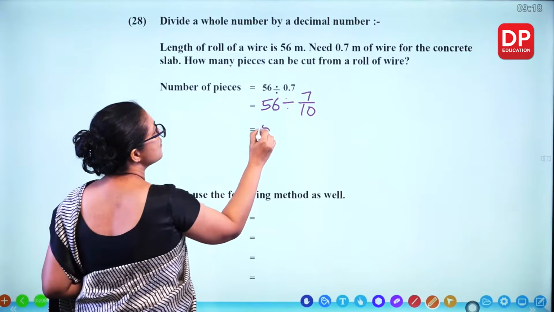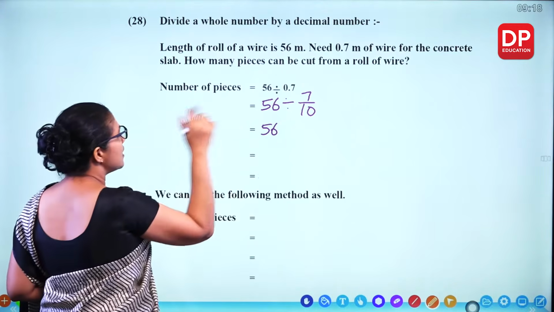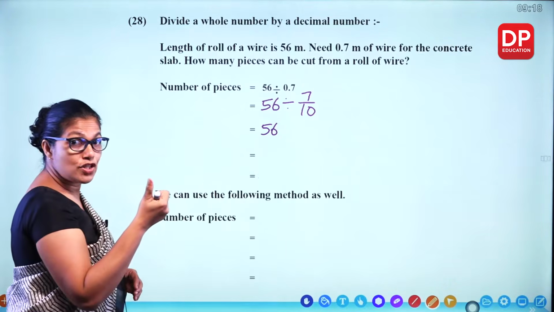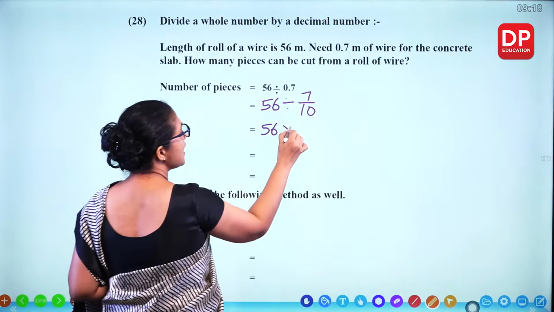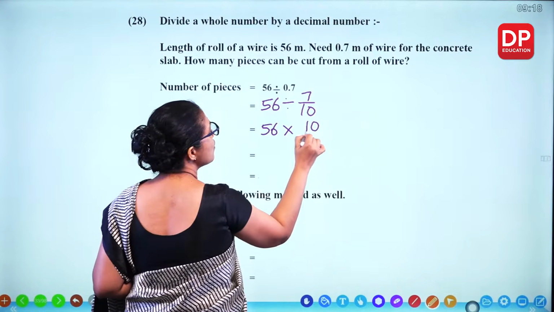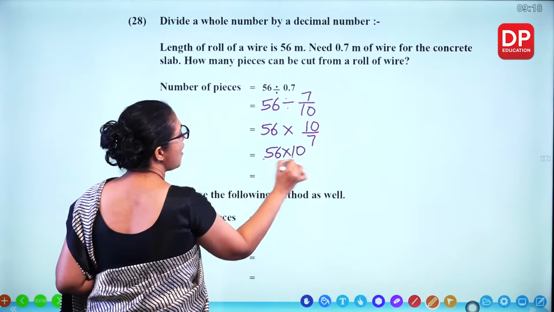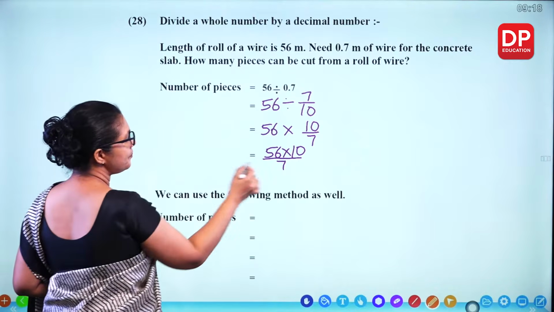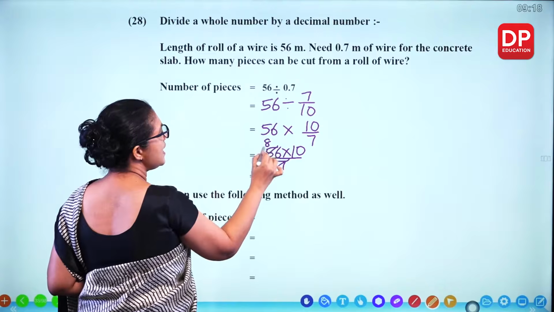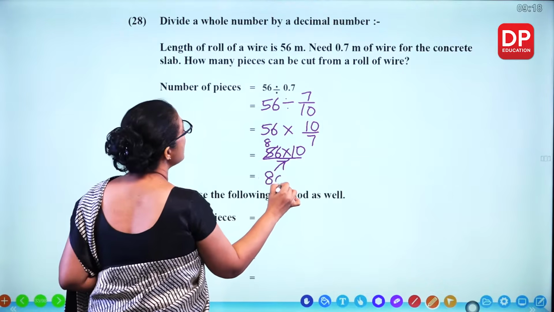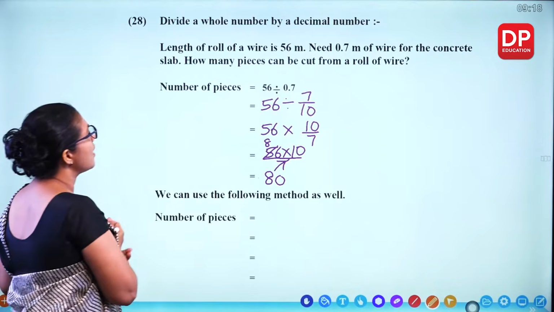Then 56. Convert division to multiplication by taking the reciprocal, 10 over 7. So 56 times 10, divide by 7. 7 times 8, 8 times 10, 80 pieces you can cut.